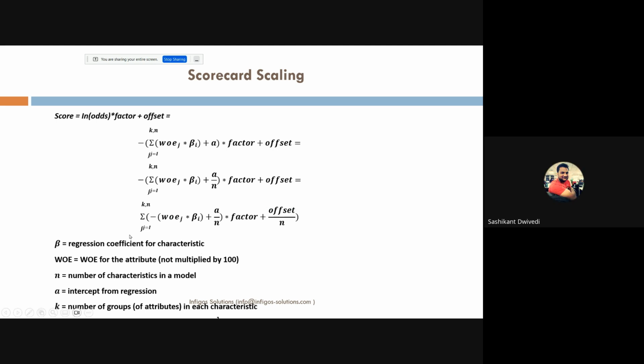Because you are taking it from the outside, each one to n. Initially, A was outside. Okay, got it.